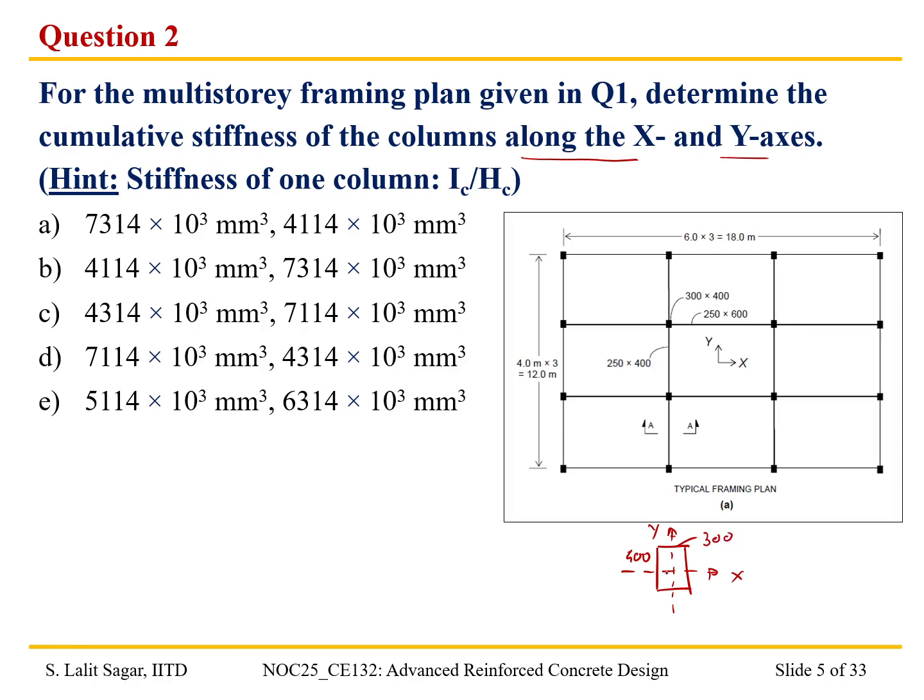300 millimeter. So if you're considering the stiffness along the x-axis, then this would be the b value, that is the width. That is 400 by 300 cube divided by 12. That would be the moment of inertia.